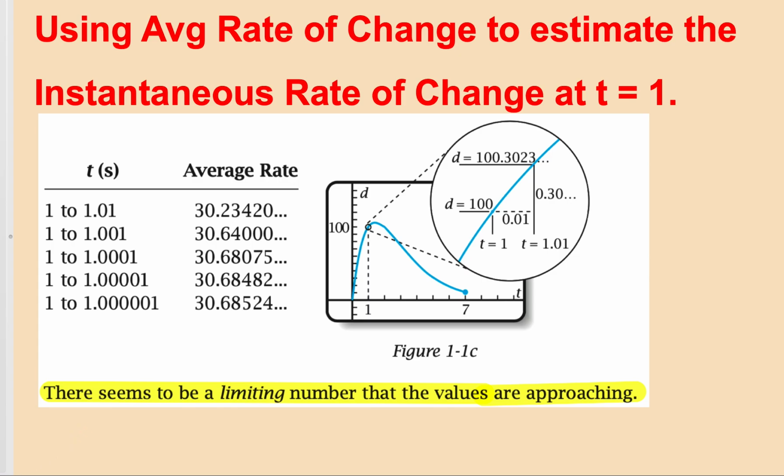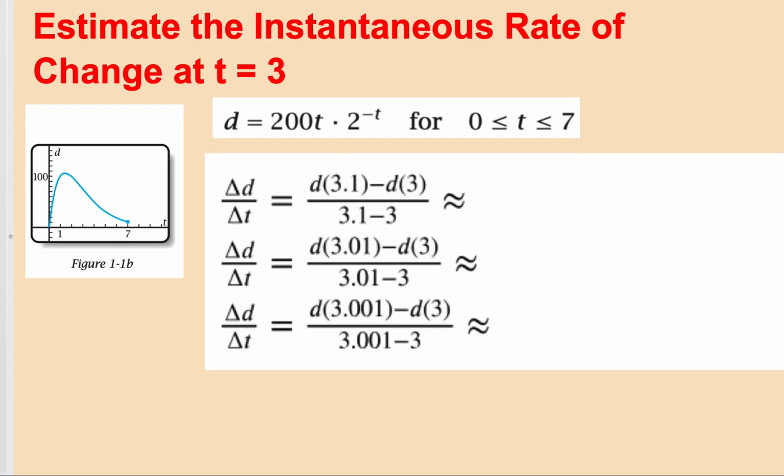Let's take a look at what's happening at time equal to 3. Time equal to 3 is right about here. So we're going to take a look at 3 and a number close to 3. Stop the screencast and evaluate this rate of change for these 3 scenarios here, and compare with the answers I'm going to give you.